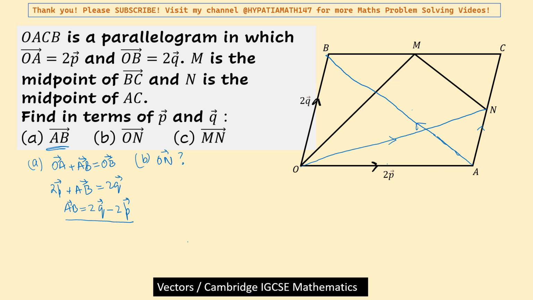Now I should say OB is equal to AC. OACB is a parallelogram, so they are the opposite sides of the parallelogram.